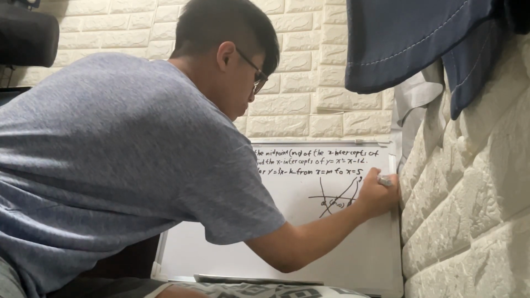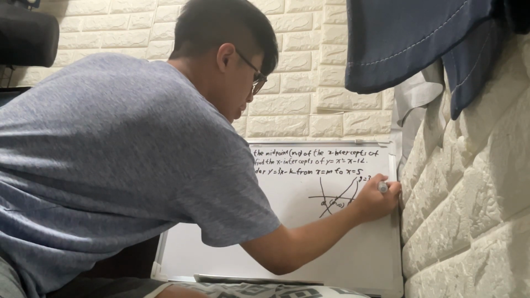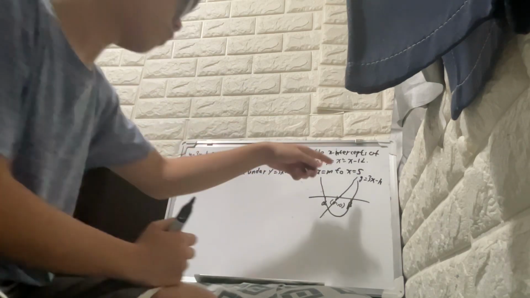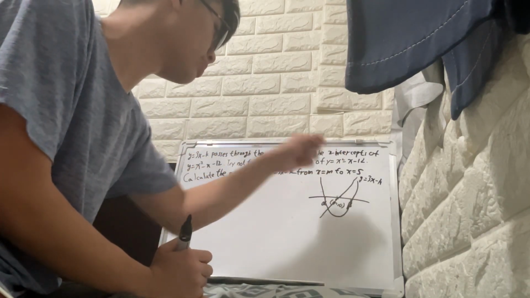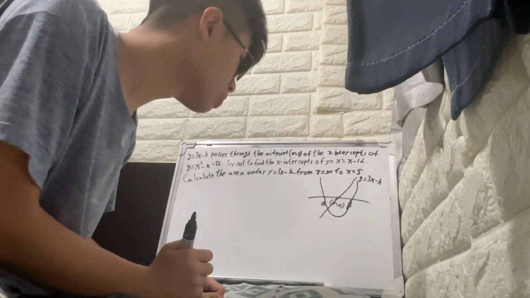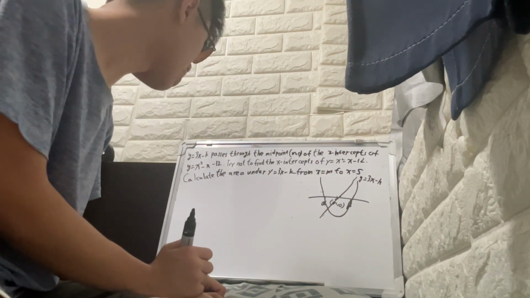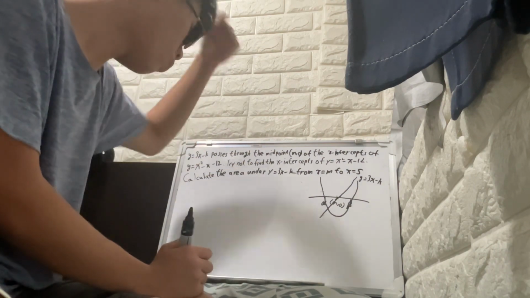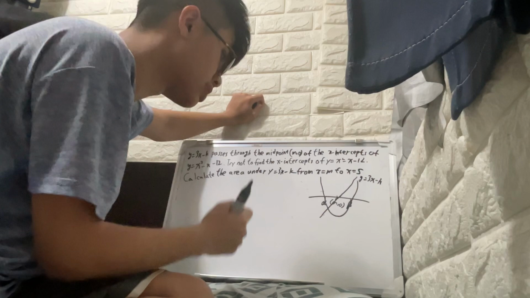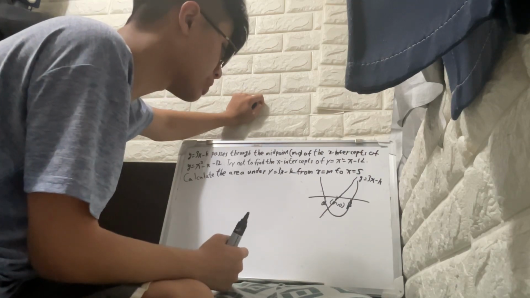Then calculate the area under y = 3x - k from x = m to x = 5.